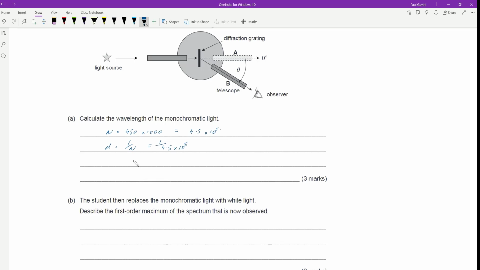So the wavelength is equal to d sine theta over m.